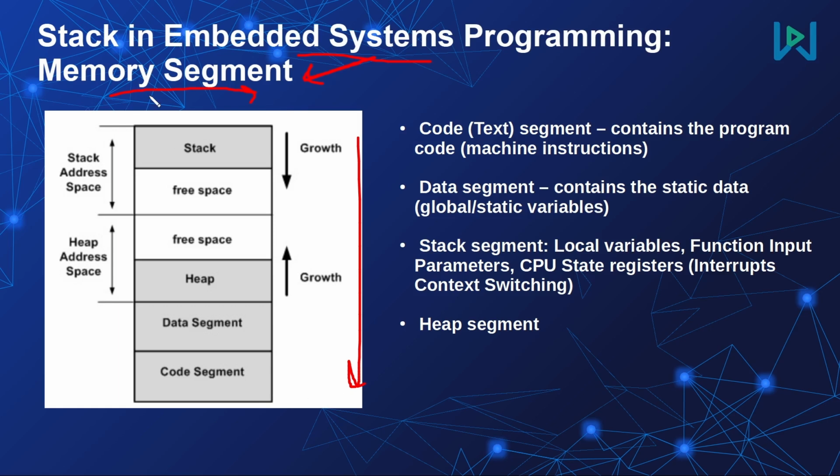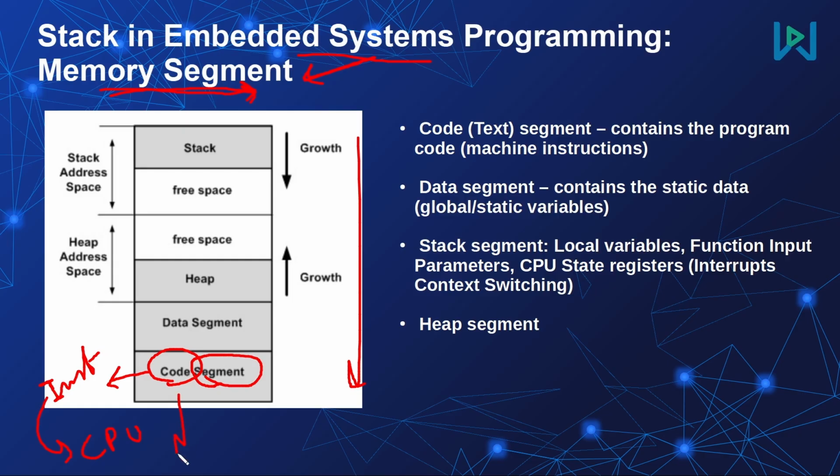In terms of sections and memory segments, we'll have a dedicated segment for our code, and the code here will consist of a set of instructions to be fetched and executed by our main CPU or processor.